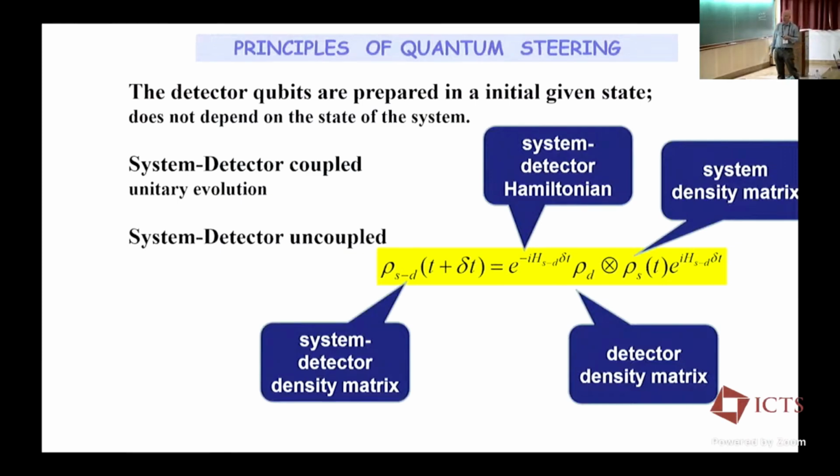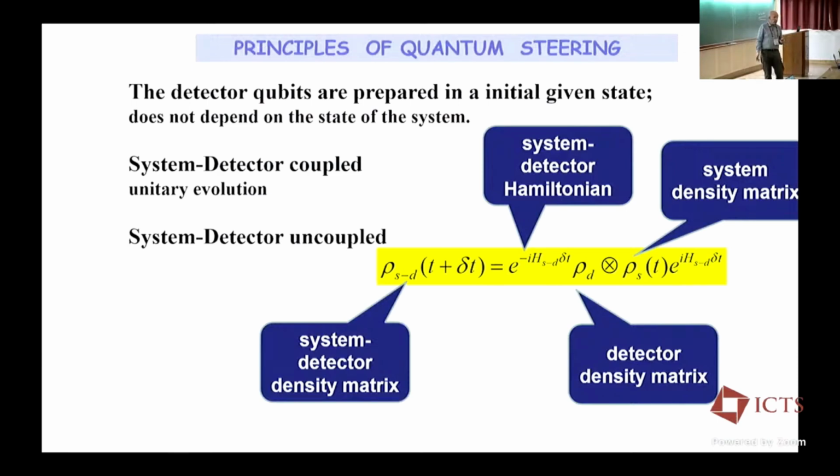So the question is, once we are done with this evolution and we decouple the detector from the system, what next? And we have several options. The simplest option would be to take the detector, not even look at the readout, and just throw it to the trash bin and take a new detector from the shelf, reinitialize it, and repeat the procedure.